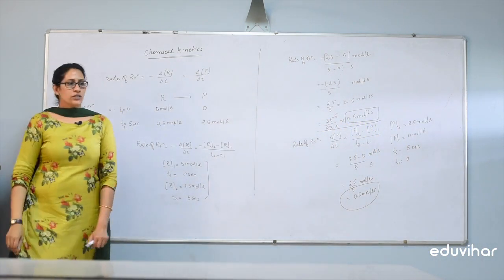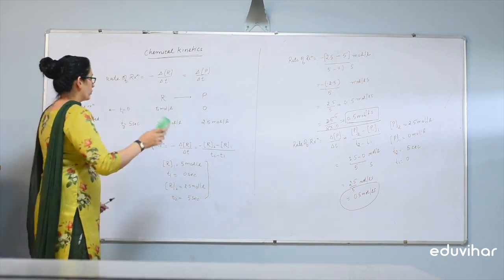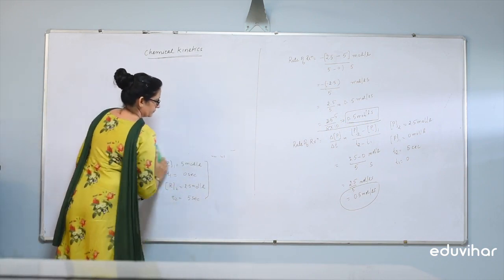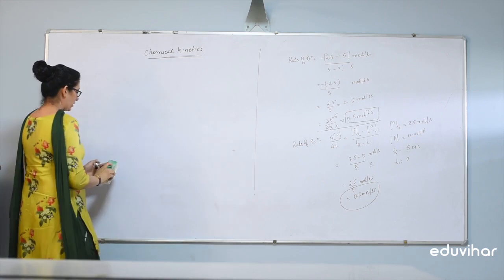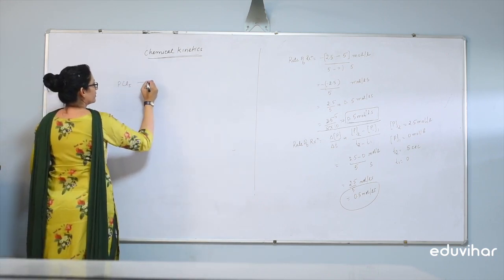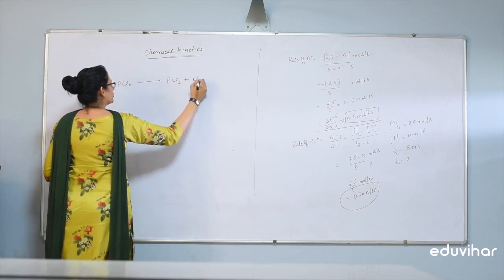Let me write down some more rate of reaction in specific reactions. Okay, try to write down, I am having a reaction PCl5 changes into PCl3 plus Cl2.